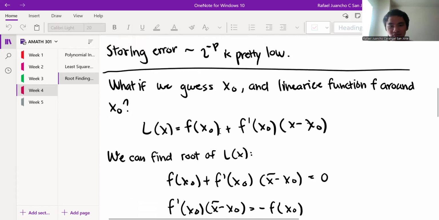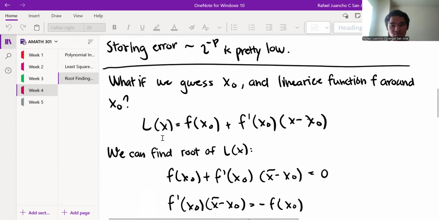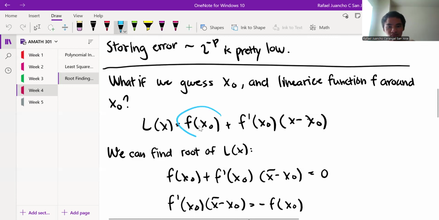And we even talked about the Newton-Raphson method, where we start with an initial guess x naught, and we linearize, or we make the function f a line. So this is our line where we have this initial point, the function f of x naught, and then we take the derivative of that function. And so this is kind of like a line thing, right? Because this is the slope.